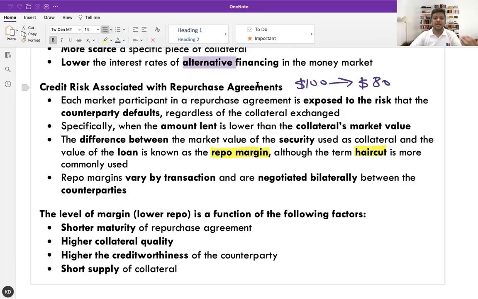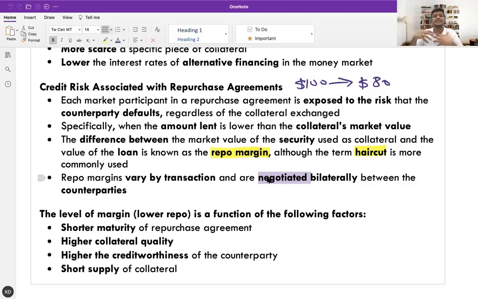Now, therefore, repo margins vary by transaction and are negotiated bilaterally. So as a lender, you have to properly check how much margin you're willing to give to the borrower. Would you want, as a lender, to give more margin or less margin? Less margin.